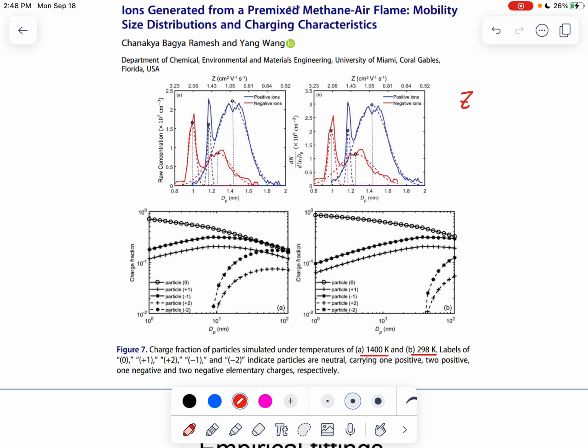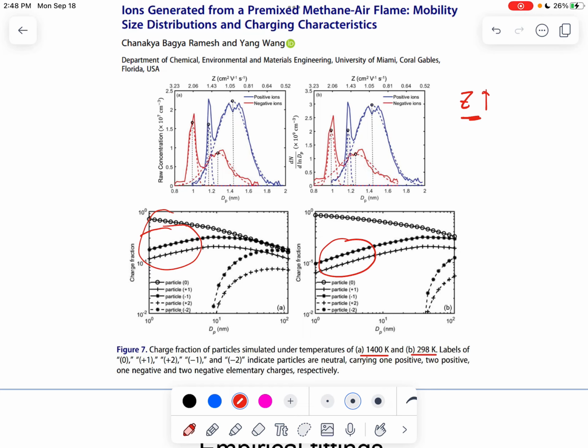So you can see that under high temperature condition, more particles are getting charged compared to the ambient condition, right? This is also understandable because under high temperature, the particles or the ions are becoming even more mobile. So it's easier for them to collide with the particles and further charge the particles. So this happens for both polarities.